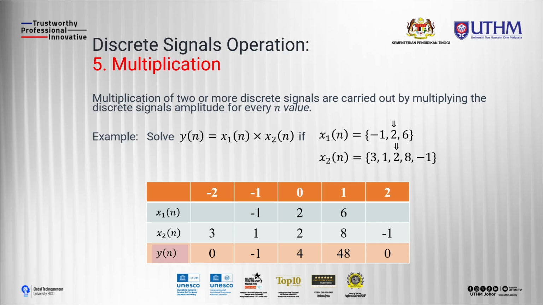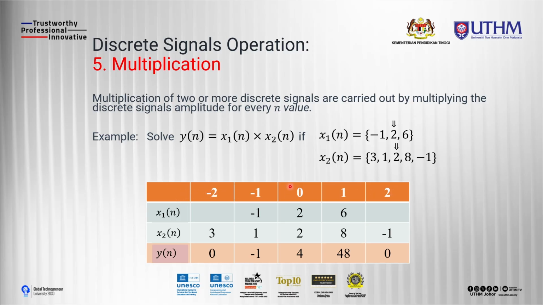Discrete signal operation: multiplication. Multiplication of two or more discrete signals is carried out by multiplying the discrete signal amplitude for every n value also. Similarly, you have x1 multiplied with x2. Again, you start by putting it in table form, where you have the n value from -2 to 2.